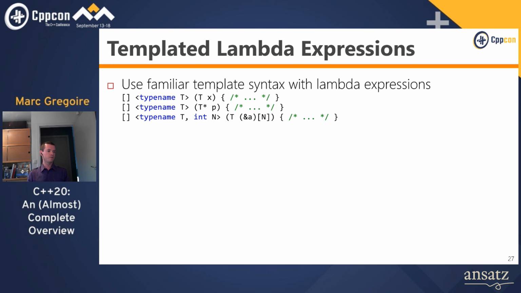Next is that we have support for templated lambda expressions. And the syntax is, as you would expect, you just use typename T or any number of template parameters you need, and then you can use these template parameters inside your lambda. Why do we need this?